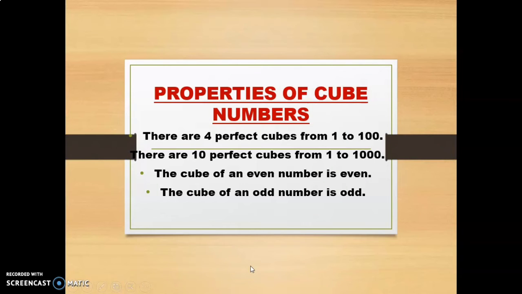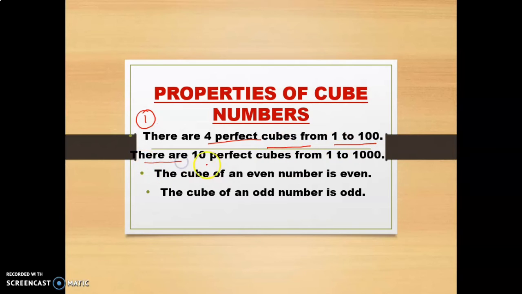Now next we are going to learn the properties of cube numbers. Do you remember that we already did some properties regarding the square and square root of a number? In the same way, here we are going to discuss properties of cube numbers. This is your first property: there are 4 perfect cubes from 1 to 100.